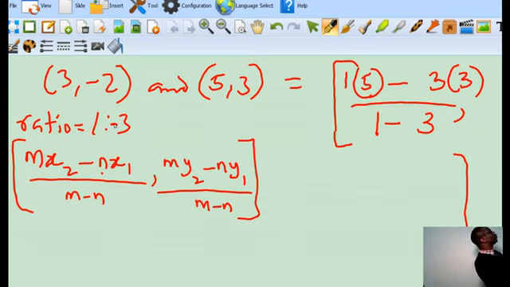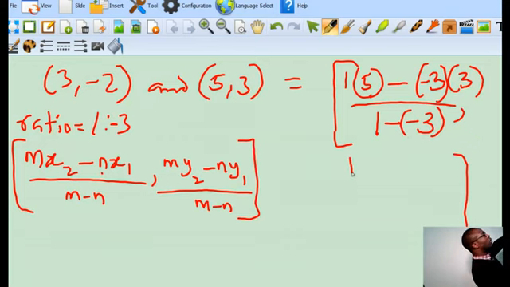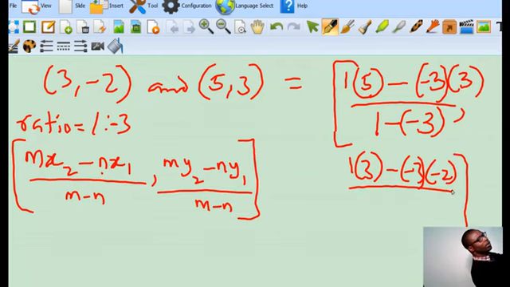Don't forget that it was omitted. So what we have to do now is put minus 3 here where you see n, and this ratio, m minus n becomes 1 minus 3. Now the second one, let's go to m, 1, y2 3, bracket 3 minus n, minus 3, y1 minus 2, all over m minus n, 1 minus 3.